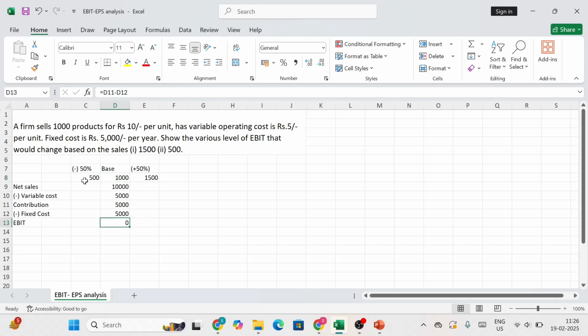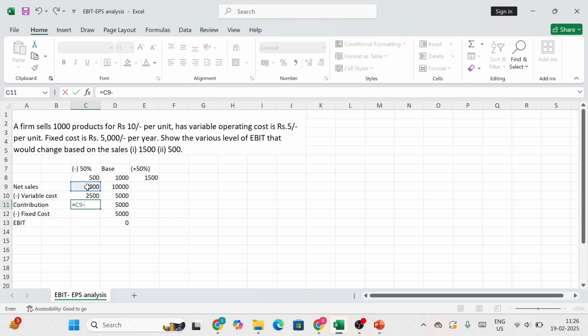Now if you decrease by 50%, what is going to happen to your EBIT? First, net sales: per unit 10 rupees, so 500 into 10 is 5000. Then variable cost per unit is 5 rupees, so 500 into 5 is 2500. So what is your contribution? 5000 minus 2500 gives you 2500.